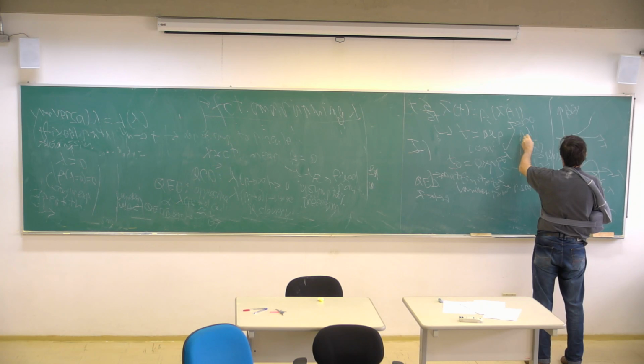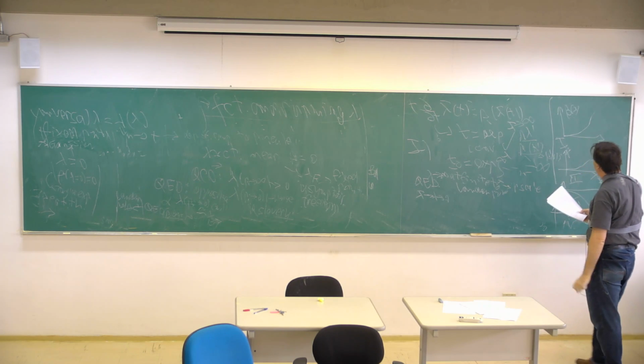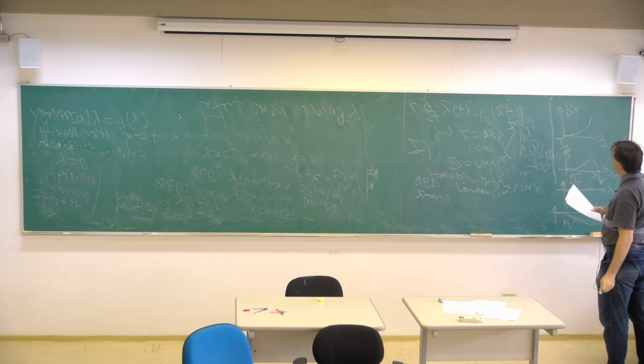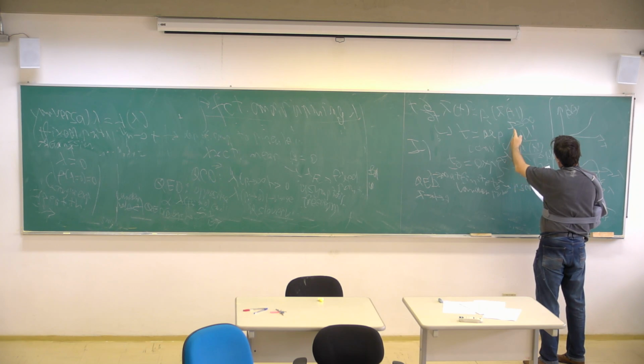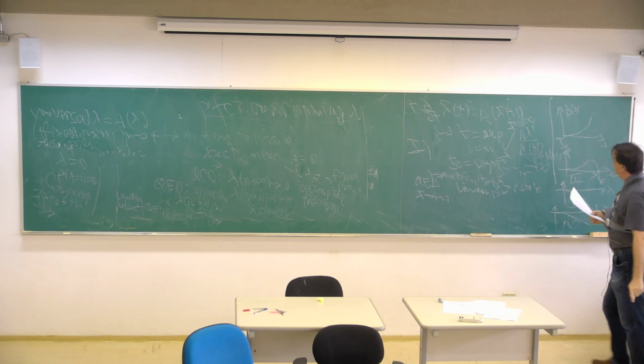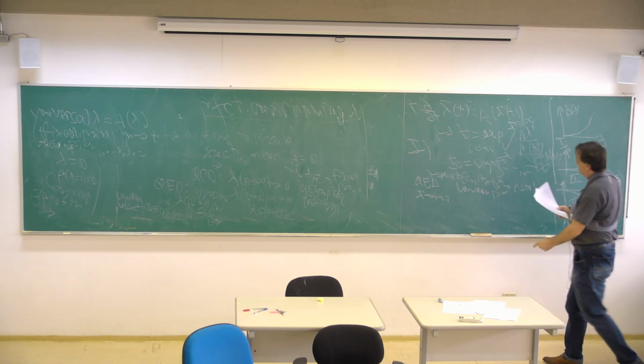But then this is d log lambda prime, between two things that go to 0.